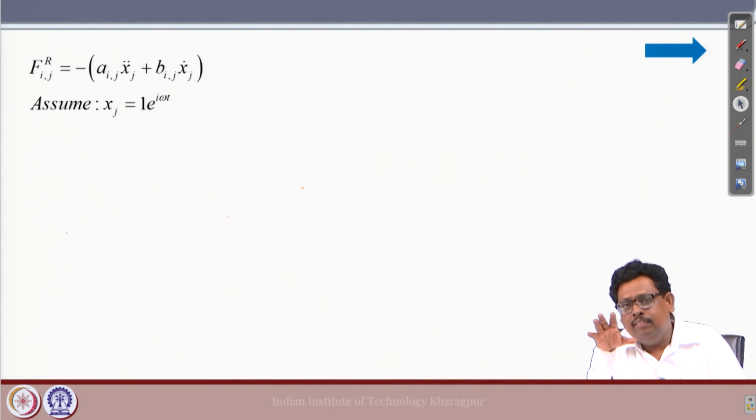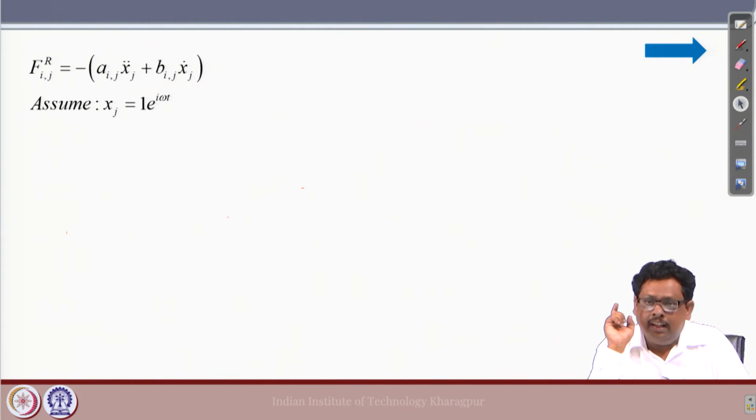And also if you remember, when I wrote the boundary conditions, at that time we took one assumption for the radiation force, of course, we are solving for the radiation force. I am assuming that I am oscillating the body in the direction of j, and the amplitude of the oscillation is 1.